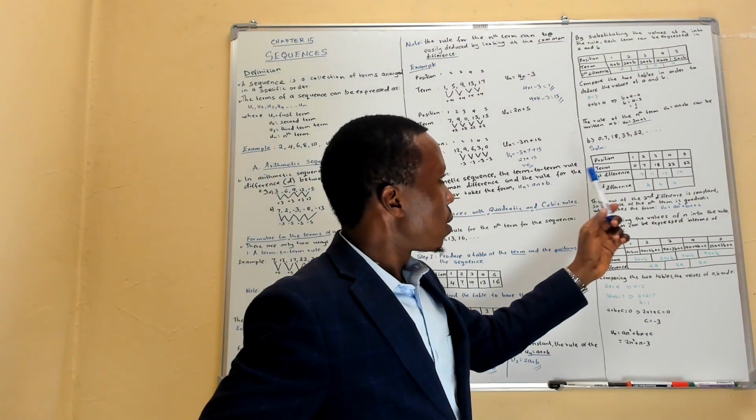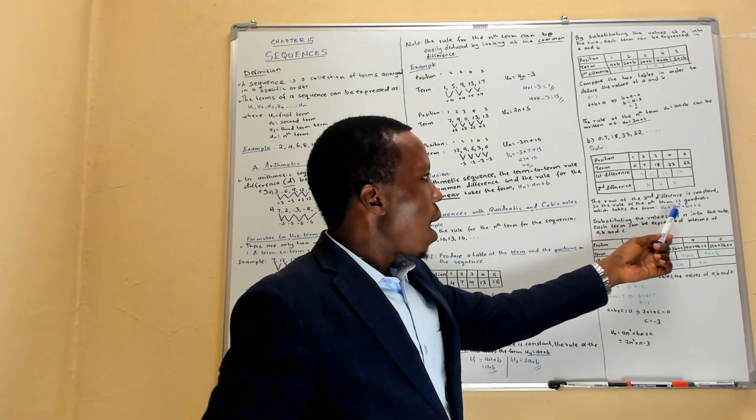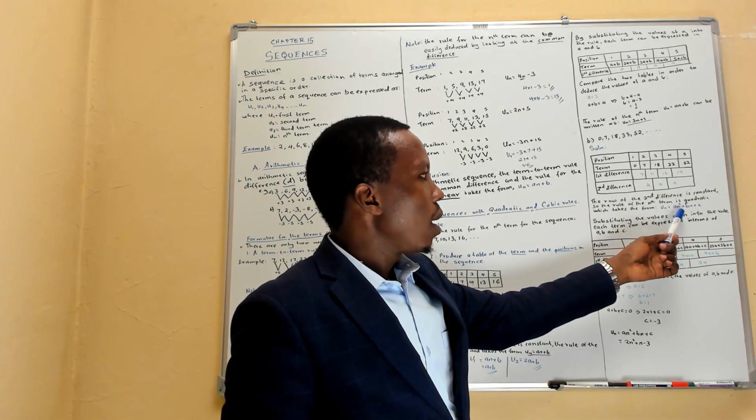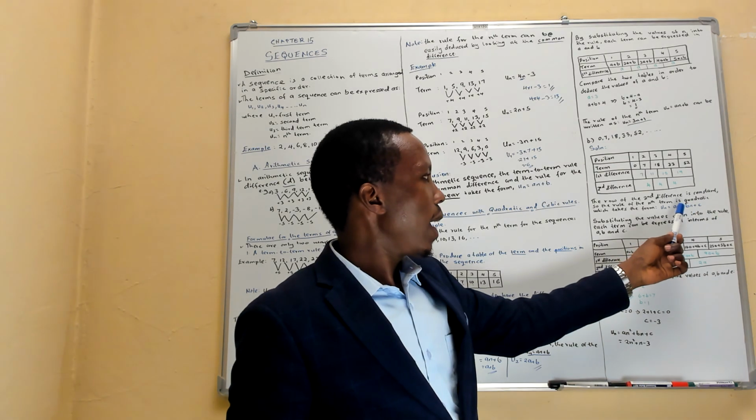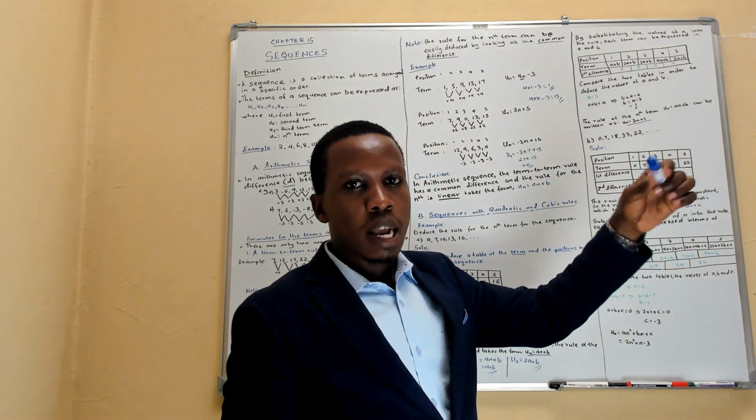So if I use this rule, my interest is to get A, B, and C, because n is just the number of the position.